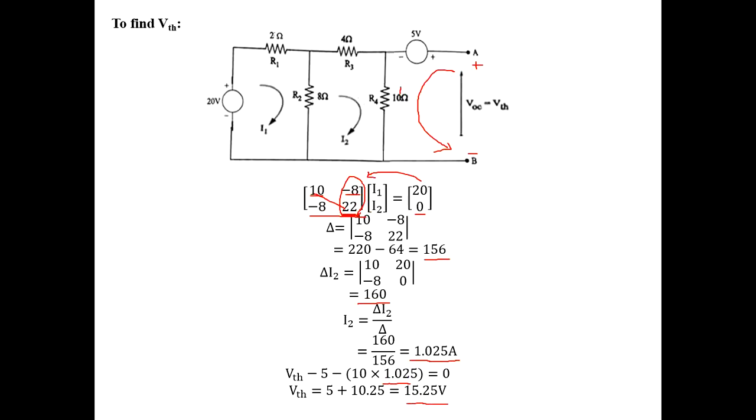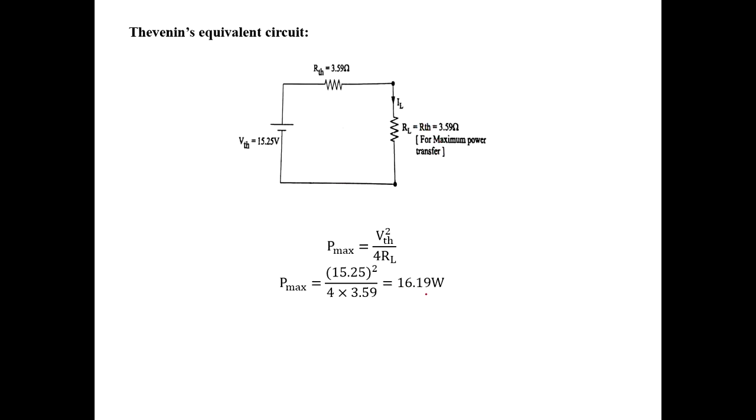Then we got the value of RThevenin and VThevenin. Next we have to draw the equivalent circuit. The equivalent circuit is VThevenin in series with RThevenin and then the load resistance. By the maximum power transfer theorem, RThevenin is equal to the load resistance.